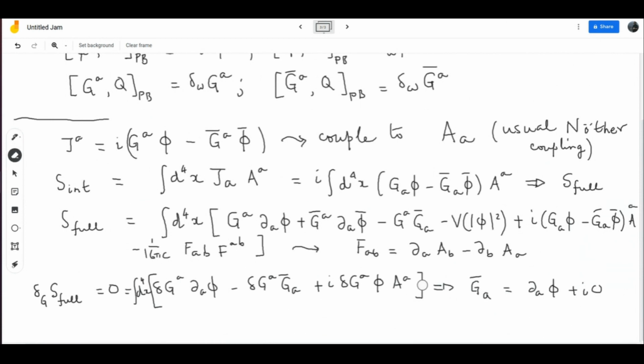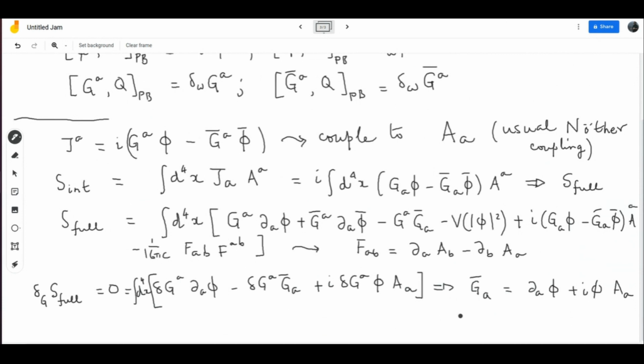Indices problem, always a problem. So raise this, lower this, so that every term has up and down contraction. So this is phi AA. Okay, so we found a new equation of motion, because earlier it was G bar A was just equal to del A phi, but because I've done this coupling, I get I phi AA.